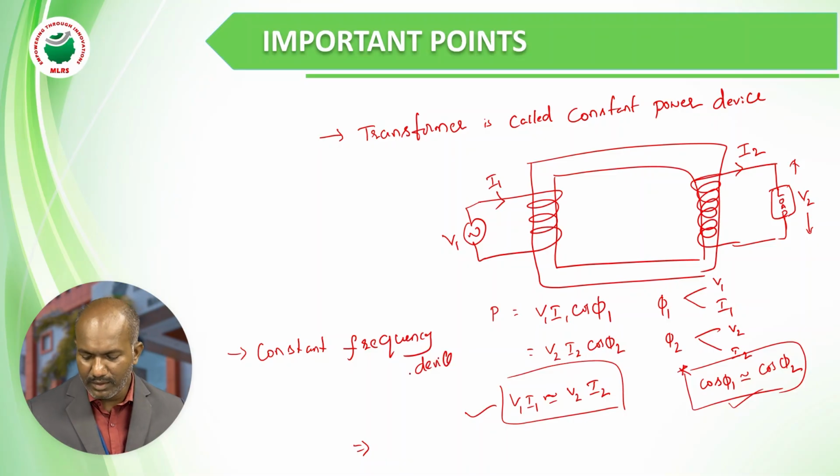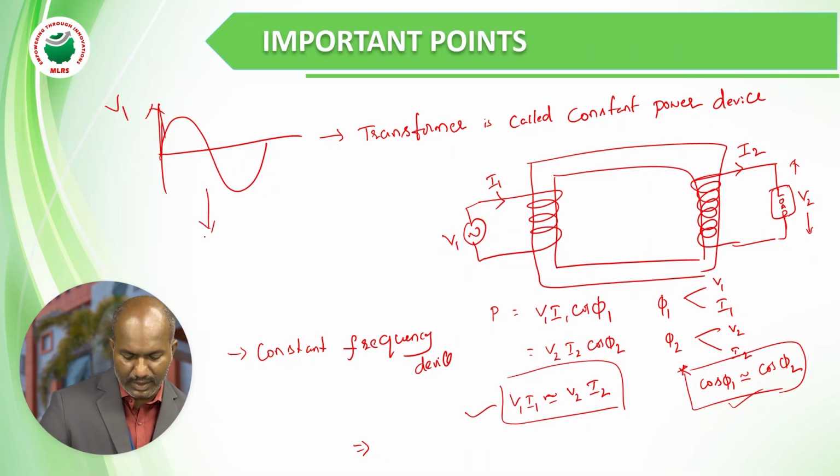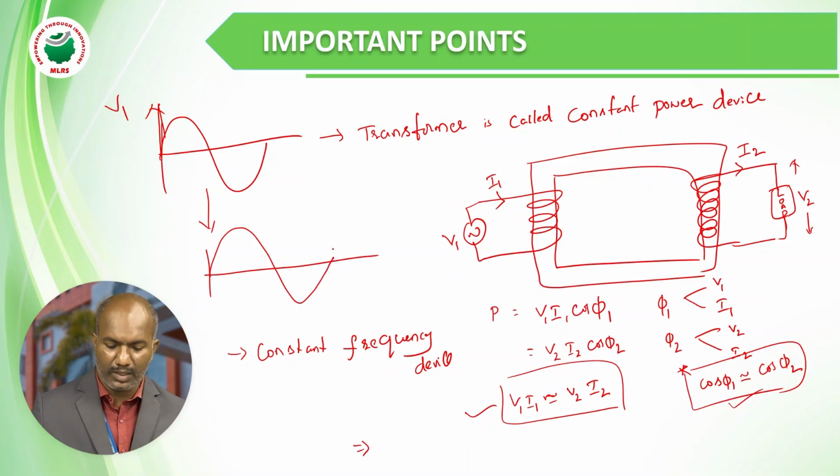Constant power device means, for the primary winding, we are giving this much alternating voltage, that is V1. In the secondary winding, that is the voltage across the load, the nature of the wave shape is this one.